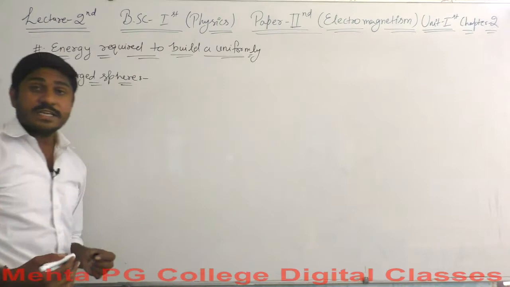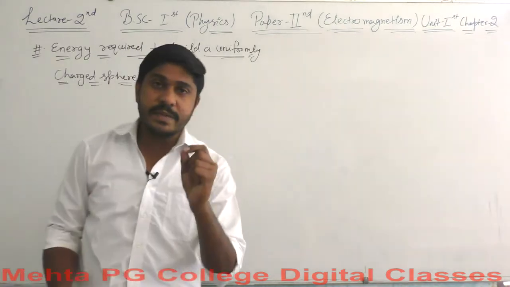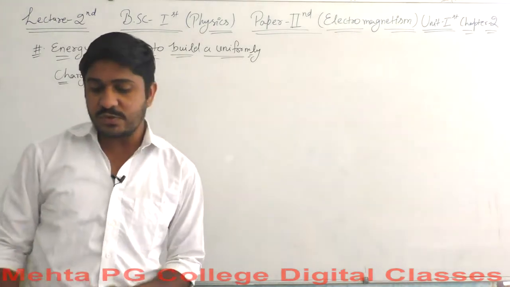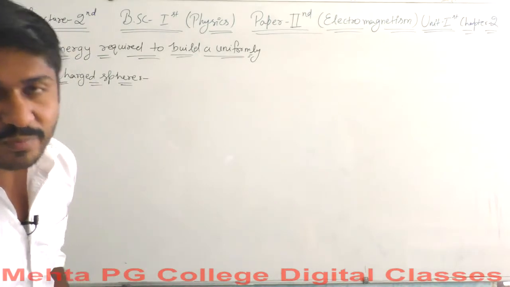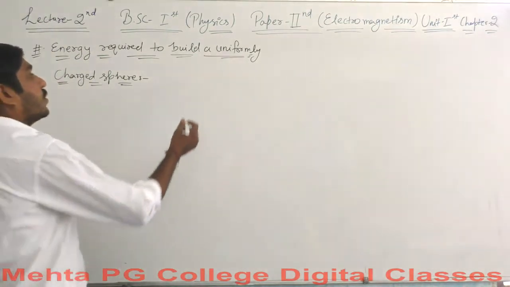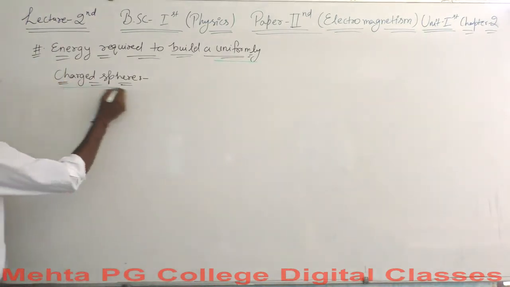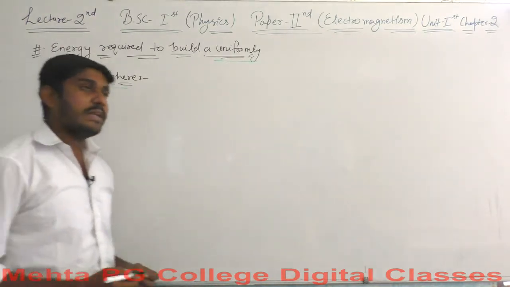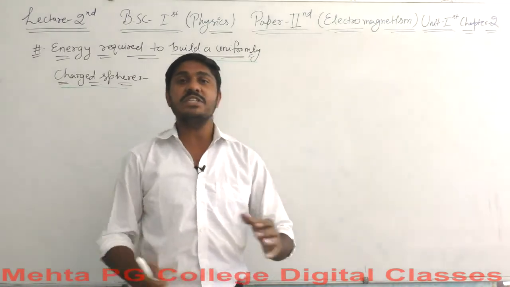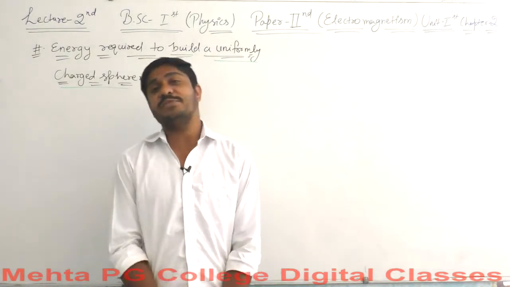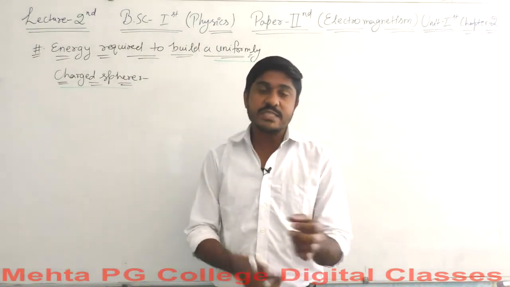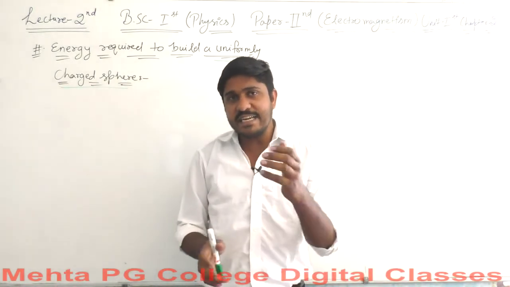Okay. So we are supposed to talk about building a uniformly charged sphere. First of all, let me understand what a uniformly charged sphere is. What do we mean by a uniformly charged sphere? Well, the charge distribution all over a surface is continuous and uniform at each and every point.